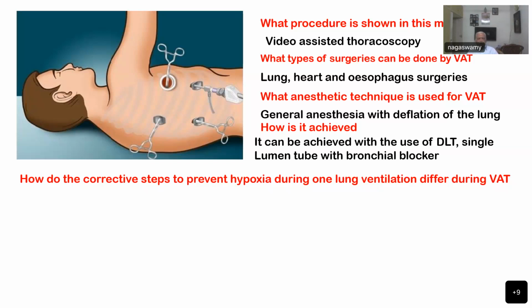One is first higher FiO2. Second is CPAP to the non-ventilated lung, PEEP to the ventilated lung. You must give higher PEEP to the ventilated lung, and to the deflated lung you should give CPAP. Then you must try to increase the FiO2 if required even to 100%.